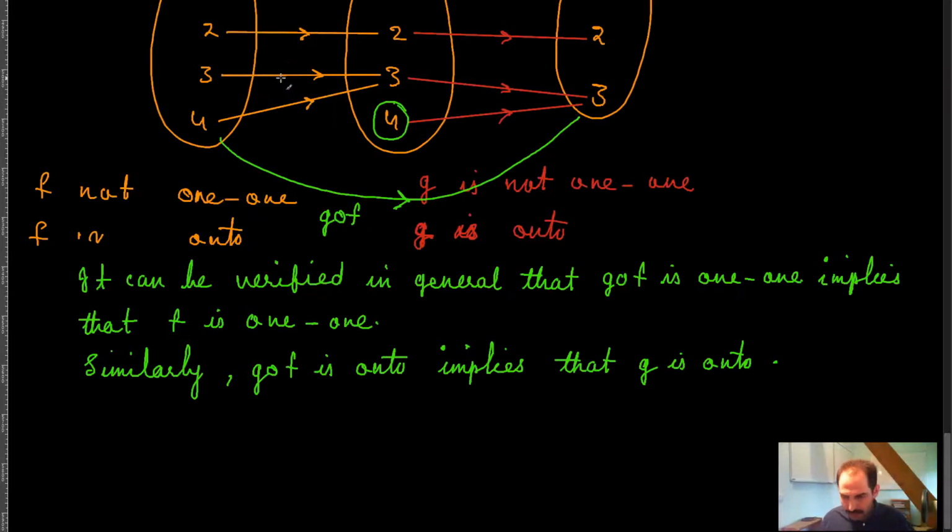Okay, so now in order to understand what it means to say that something basically implies something else, let's take a simple example.